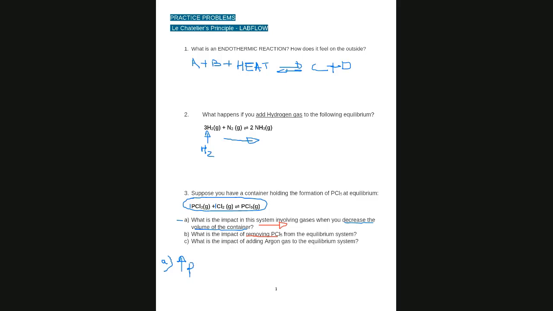Exactly as before, when we increase the pressure, no matter if we add an inert gas or change the size of the container, it doesn't matter. If the pressure increases, the system will shift to the side with fewer moles of gas. So again, the reactant side has 2 moles and the product has 1. So the system will shift towards the product side. Any questions so far?